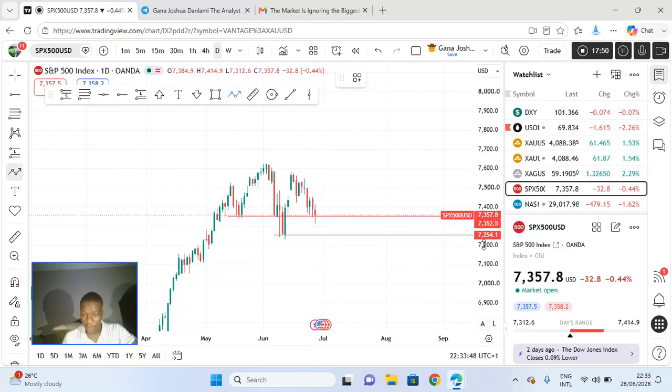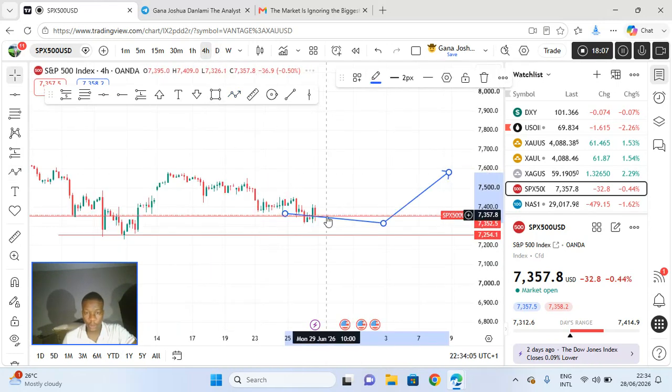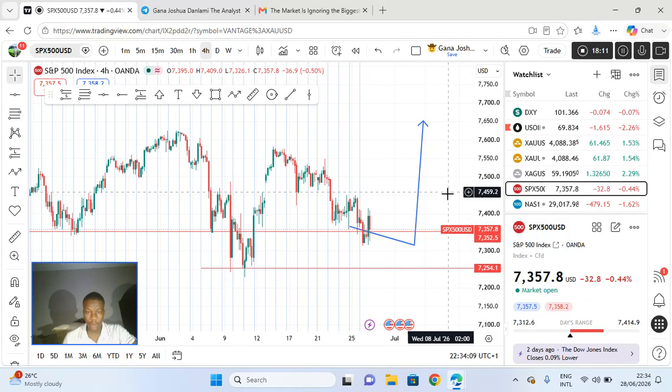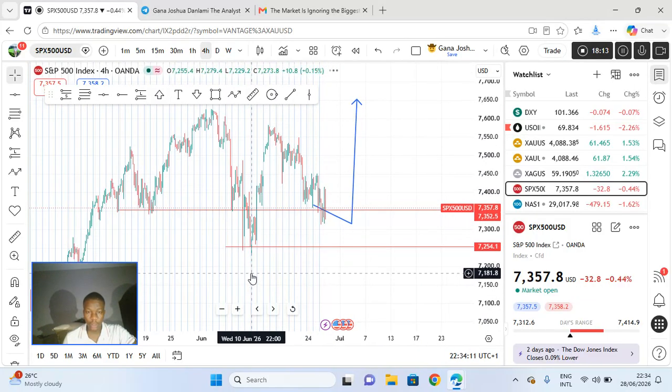So long as price is riding above 7,200, 7,250, we good. So movement to the upside is what we're gonna be looking for buy opportunities on the S&P 500.